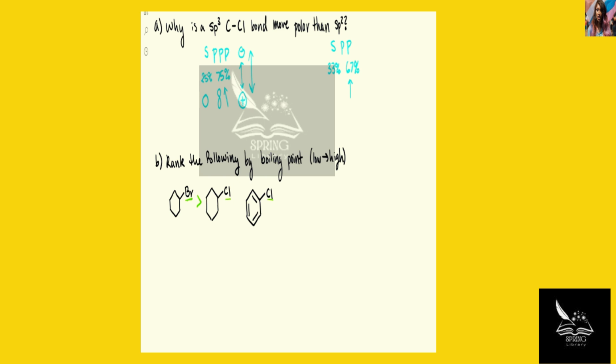Comparing the two on the right, we have sp3 hybridized carbons all around, and sp2 hybridized carbons all around. Now, from part A, we determined that an sp2 carbon has a less polar bond.